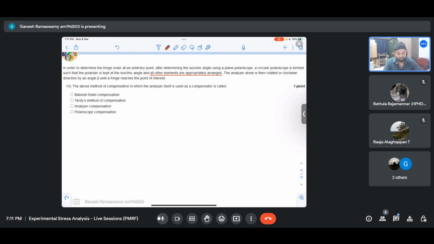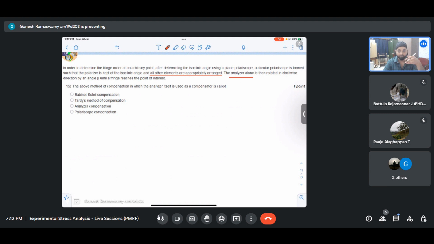The analyzer alone is then rotated clockwise in the direction of beta until the fringe reaches the point of interest. This above method of compensation, in which the analyzer itself is used as the compensator instead of the equipment which we saw earlier, is called which of the following?